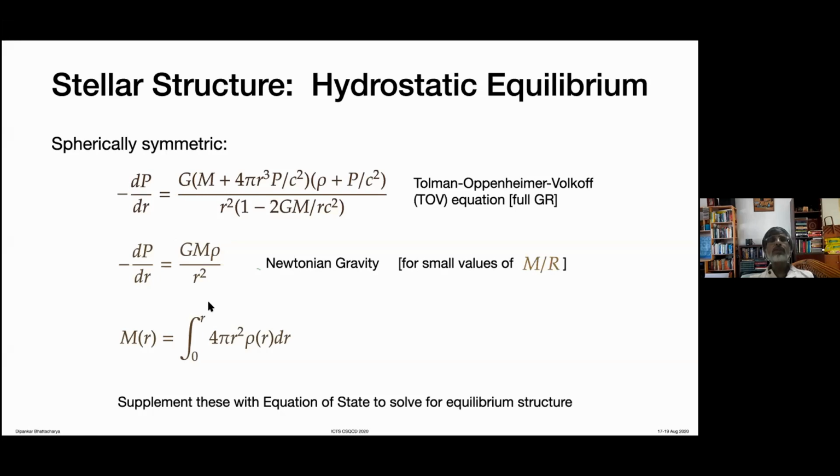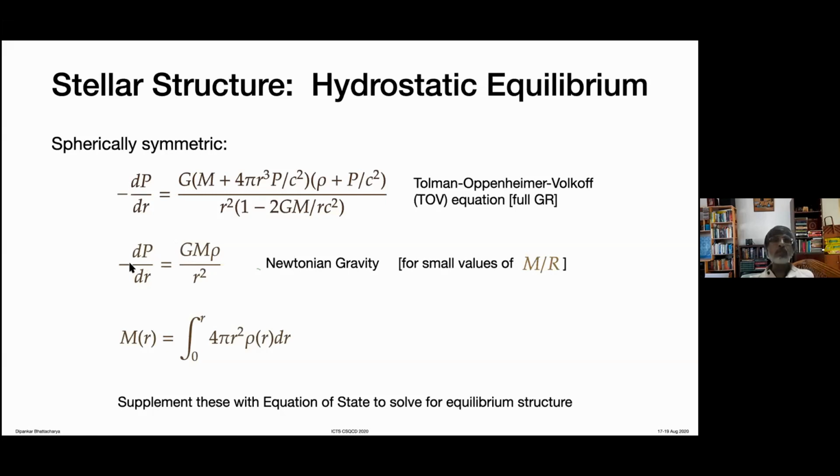So one is to just solve this equation to get the structure of the star. But as you can see, you cannot just solve this equation. There is a pressure gradient on the left-hand side, and it is mass, density, and radius on the right-hand side. So unless there is something to connect the pressure with density, we cannot solve this equation.